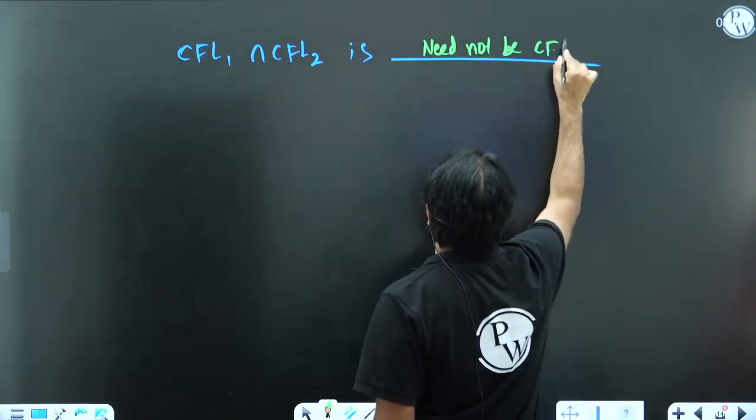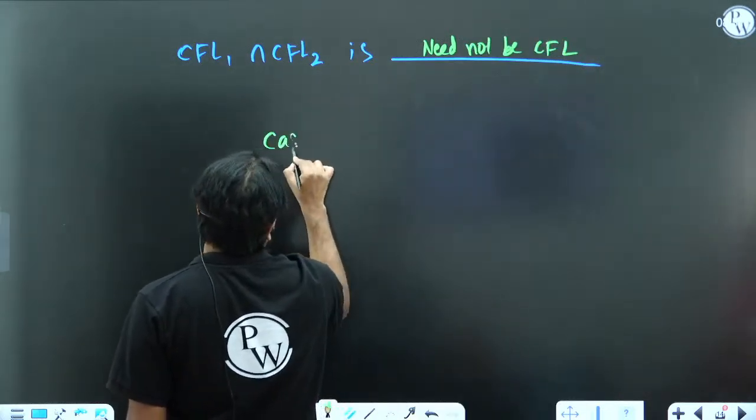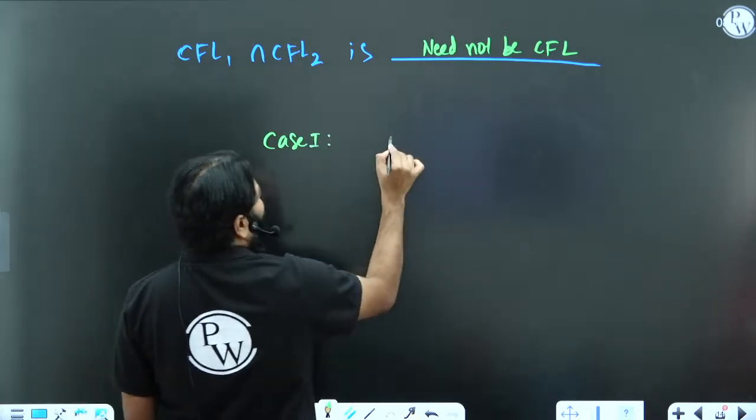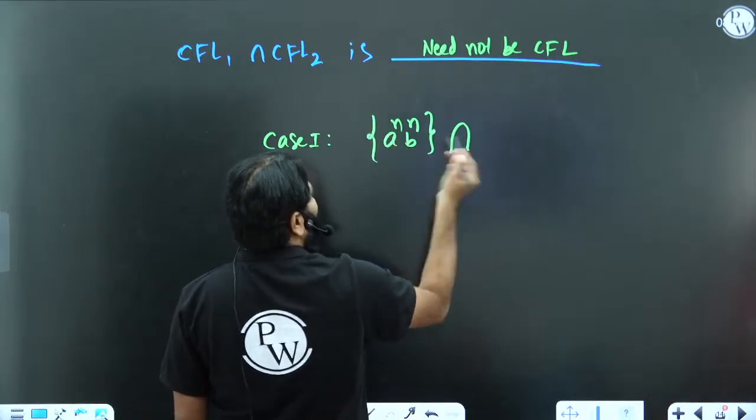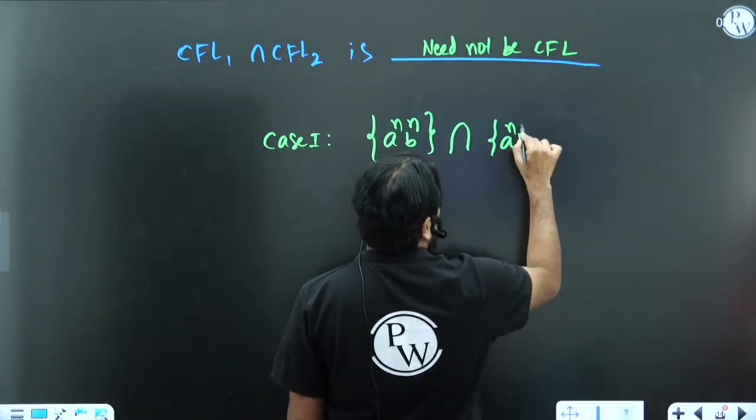It means you have 2 kinds of examples. Case 1: if I take a^n b^n intersection the same language again, you will get a CFL.